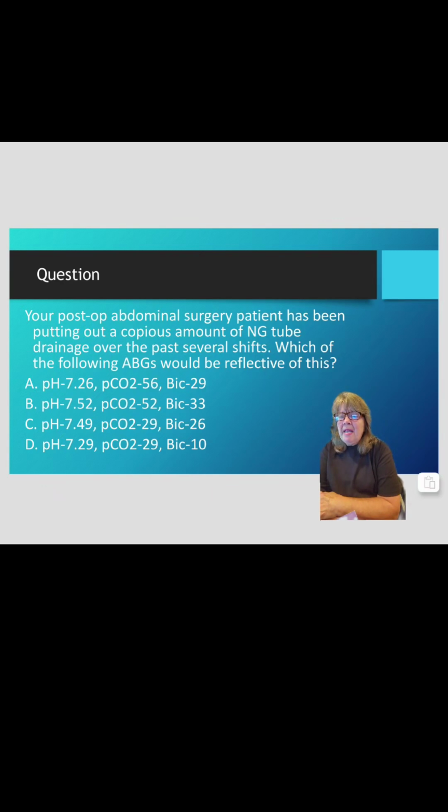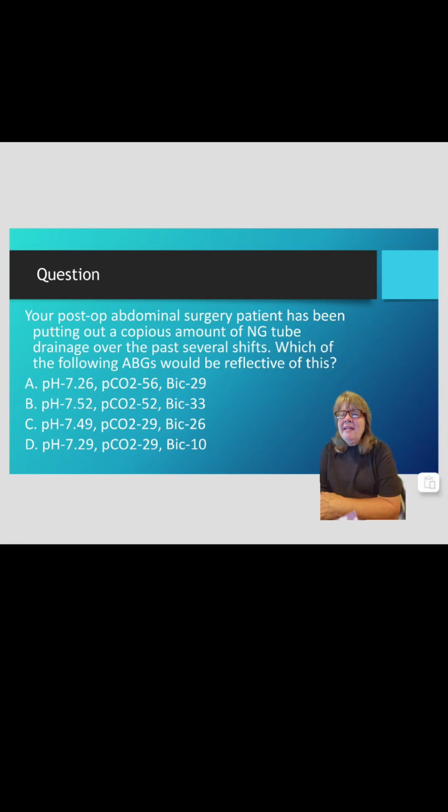C is pH 7.49. Okay, that meets the criteria, right? It's alkalotic, but in this particular case, the PCO2 is 29 and the bicarb is 26. Well, bicarb of 26 is normal. PCO2 of 29 is what's causing the pH to be alkalotic. So this person in C is hyperventilating.